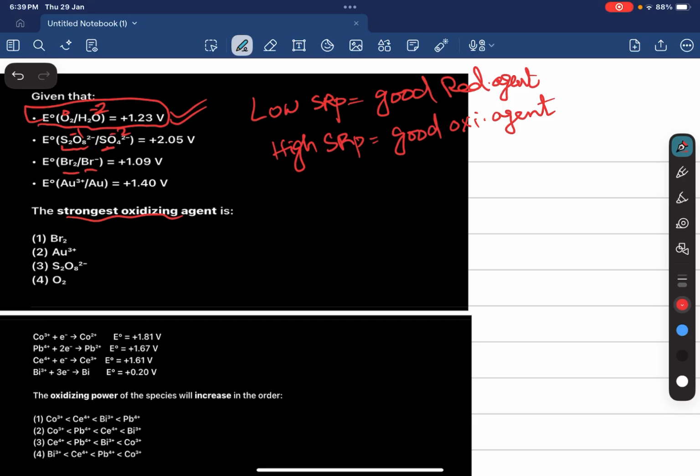And Br2 to Br minus, 0 to -1, reduction. Au +3 to Au is also reduction. The values given are SRP. Accordingly we can tell which is the strong oxidizing agent. So the answer is S2O8 2-, because that has the highest SRP value.